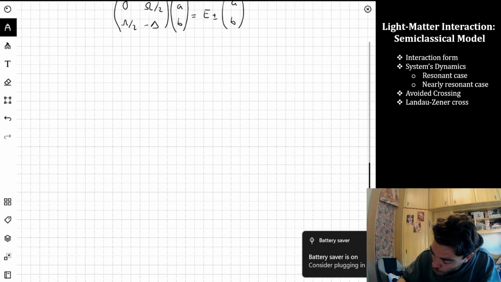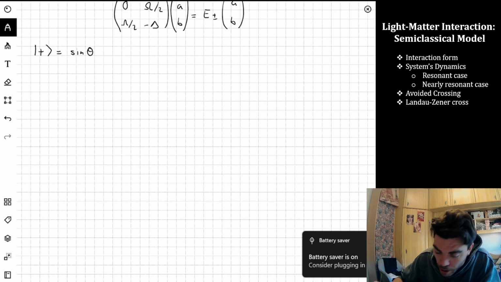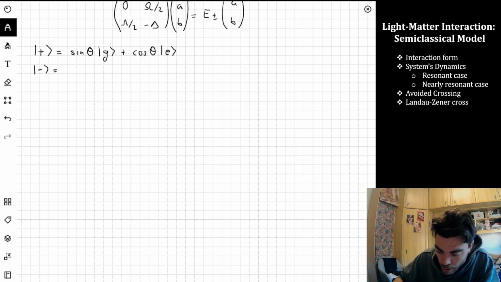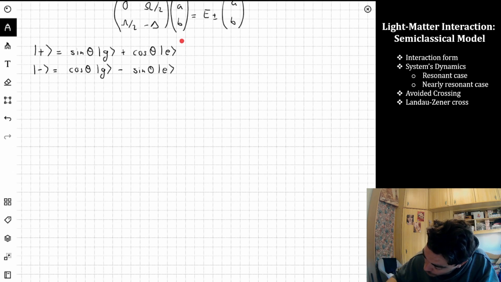But the idea is the following. One gets that one eigenvector that we call plus is the sine of some angle that I will define now, g, plus the cosine of some angle, e, and the eigenvector minus is the cosine of this angle minus the sine of the angle.